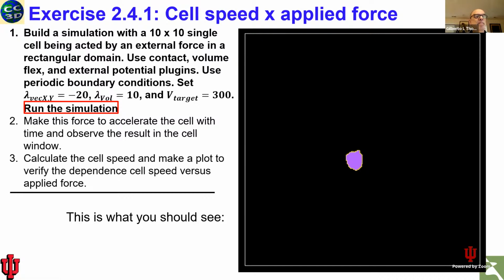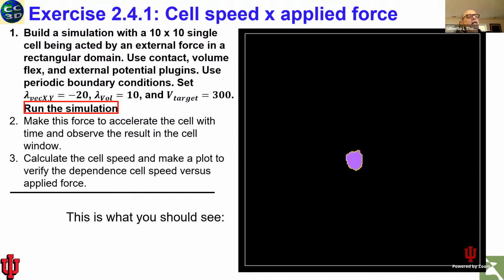It's an infinite plane to move. A surface, infinite surface, if you want. Infinite domain. Okay? This is why we use periodic boundary conditions. We can let the cell move everywhere without stopping, because there are no fixed boundaries.